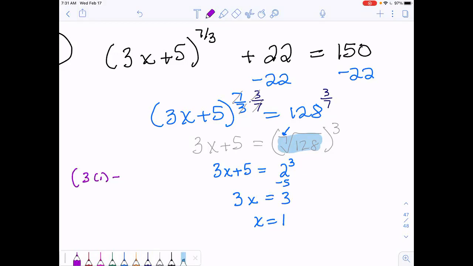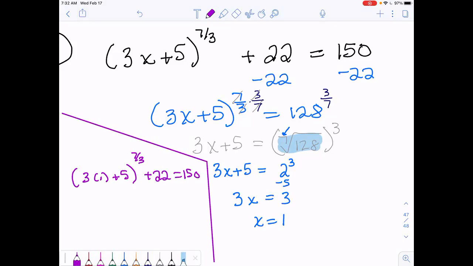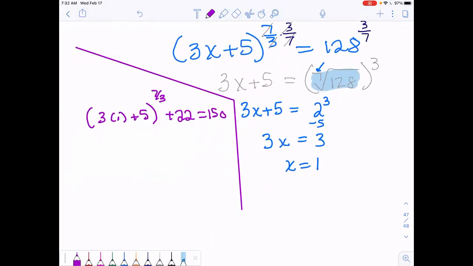If I check this really quick, just to show you the check step, I would have 3 times 1 plus 5 to the exponent of 7/3 plus 22 equals 150. When you check it, you do need to check it in the original problem. So go back to what you were given and plug it into that original problem.